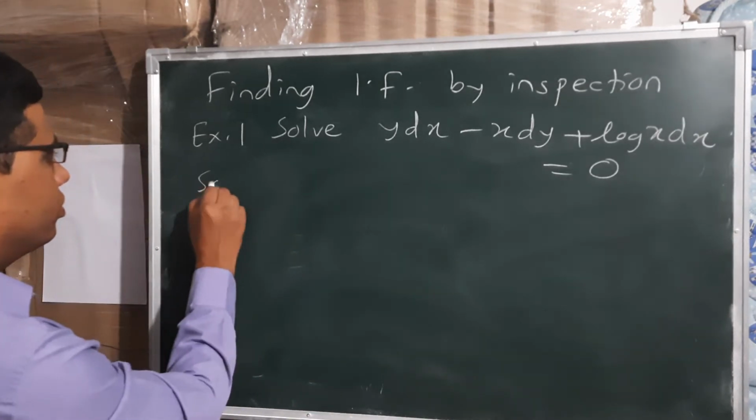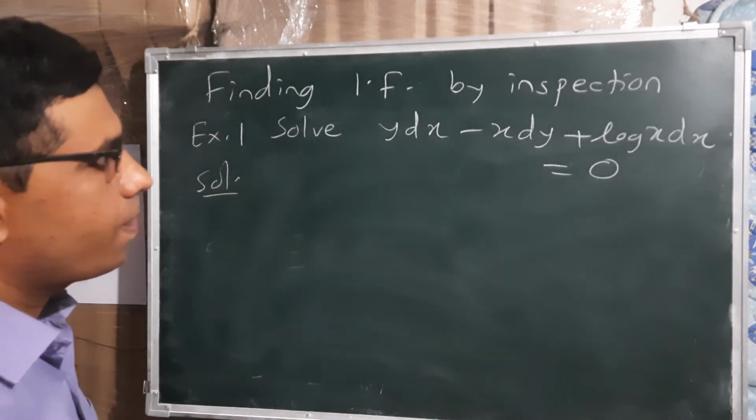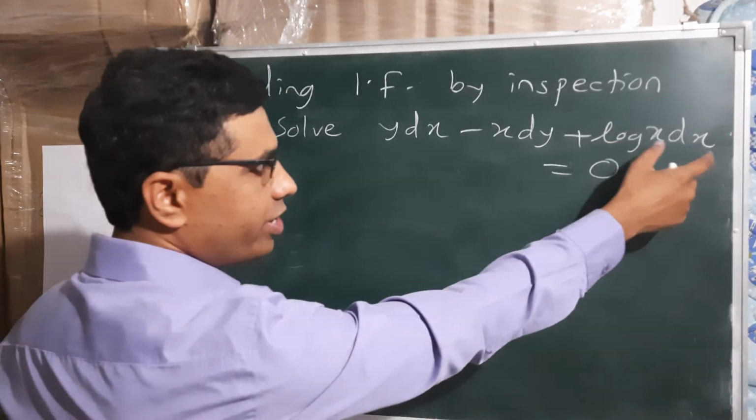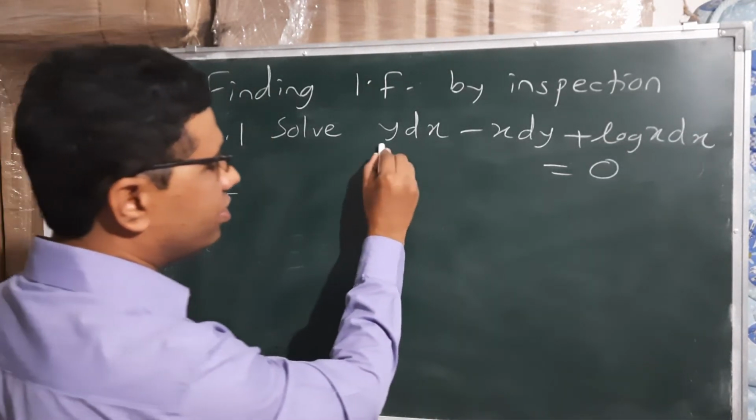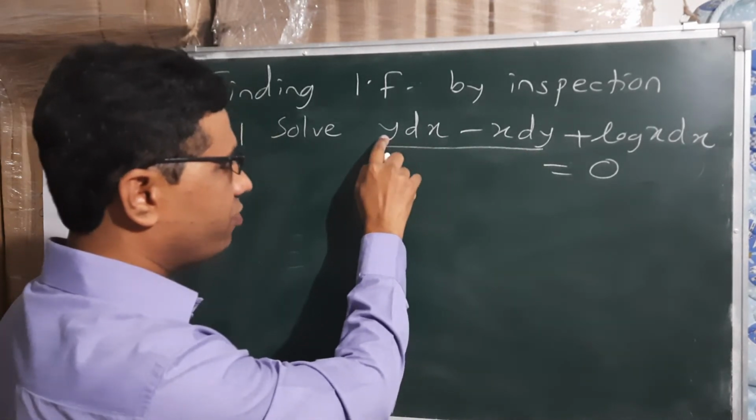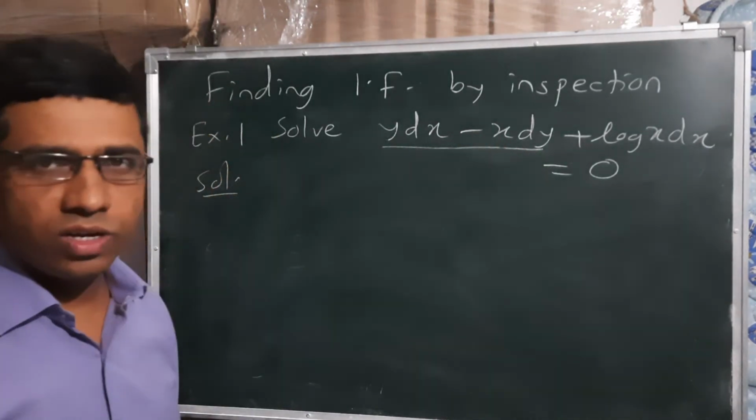So here the last term, log of x dx, is exact, and this part, y dx minus x dy, is not exact.